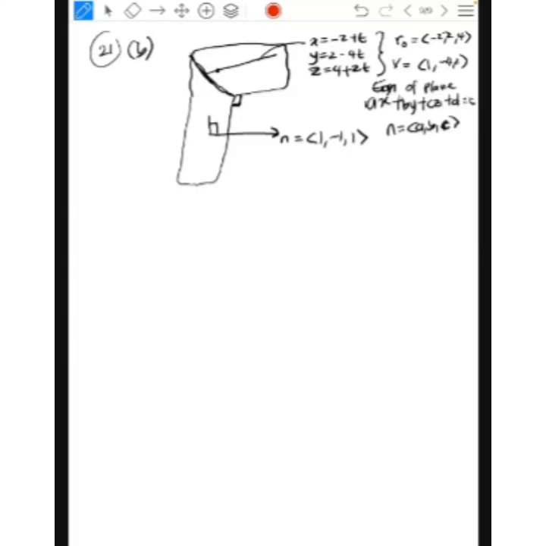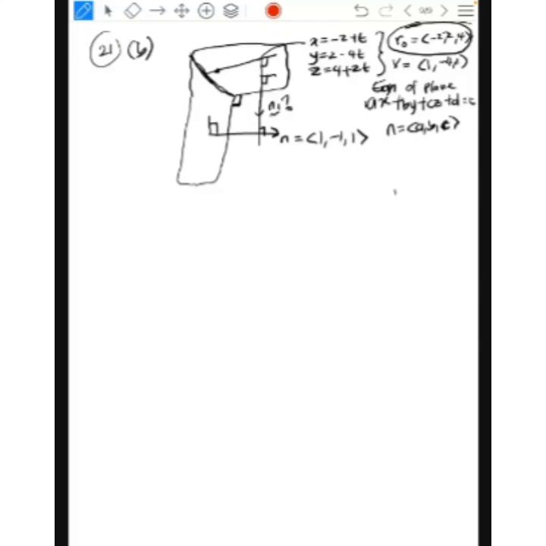Now, you already have a point on the line. We can use this point because the point is also on the plane. However, we need a normal vector. This is n1, let's say. How to find this normal vector? If I extend this normal vector, this one is 90 degrees, and this one is also 90 degrees.